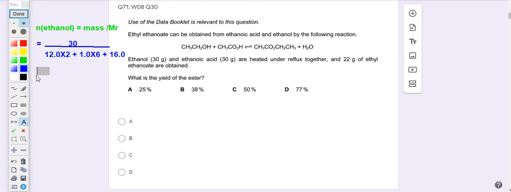Okay, after using my calculator, I found that the number of mole of ethanol used is 0.652.